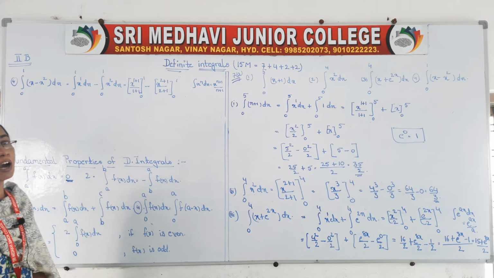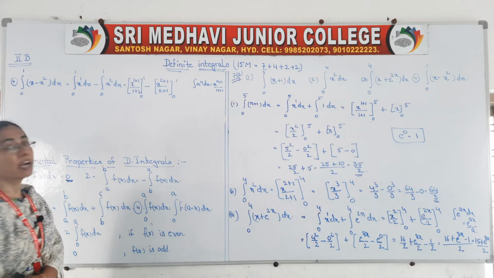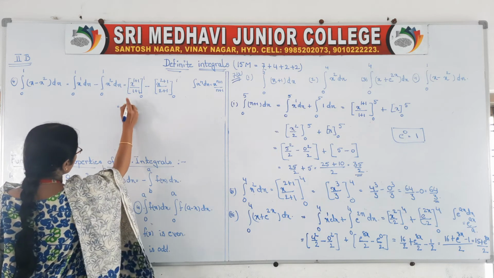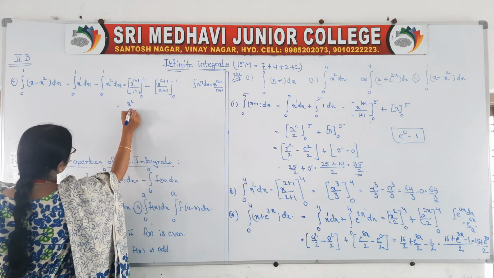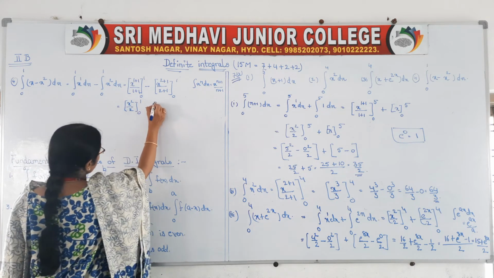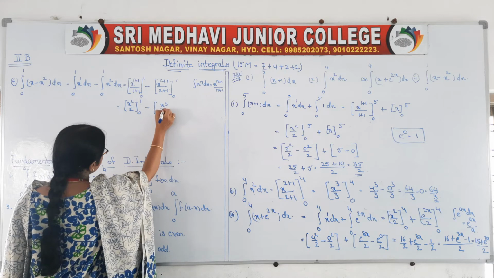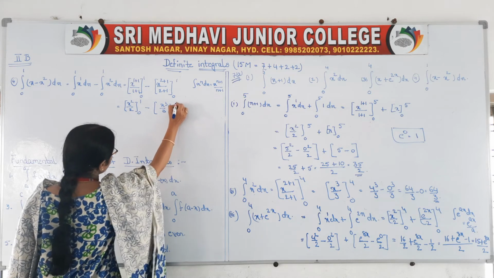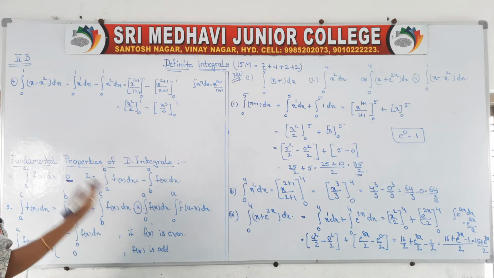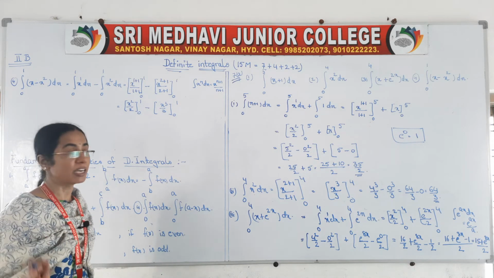So it is x square by 2 with limits 0 to 1, minus x cube by 3 with limits 0 to 1. Remember this: after applying the formula, we write the limits on the right side.